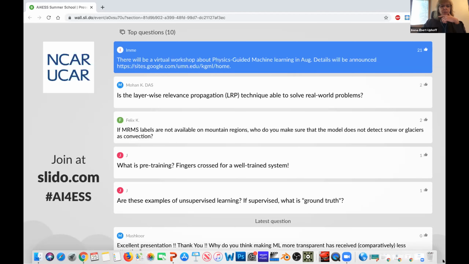Is a layer-based relevance propagation technique able to solve real-world problems? It's a tool. Is a microscope able to solve real biology problems? It's a tool, and it depends on what you do with it. So I think in our case, especially for emulating synthetic radar images, LRP really helped us to figure out the strategies. Because we were surprised, we were just wondering, how did the neural network figure this out?